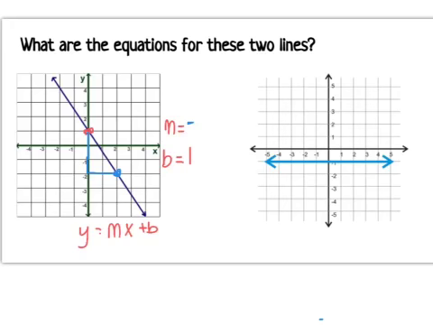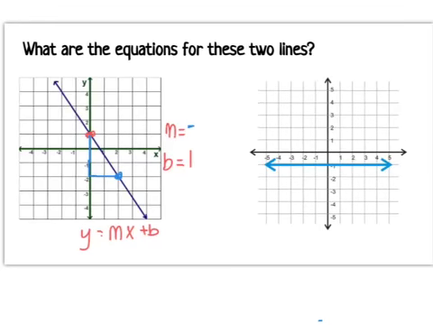Again, count how many up or down it is from point to point and how far over. So we went down 3, negative 3, and over 2. So my equation is y equals negative 3/2 x plus 1.